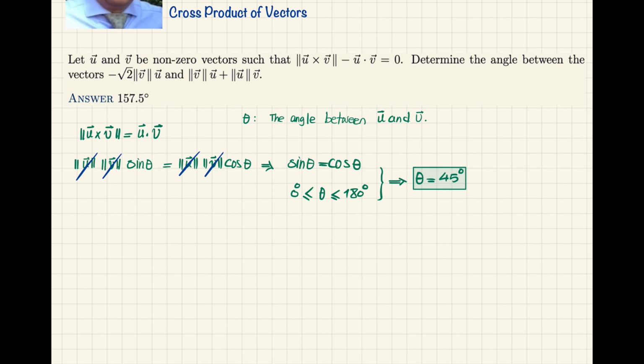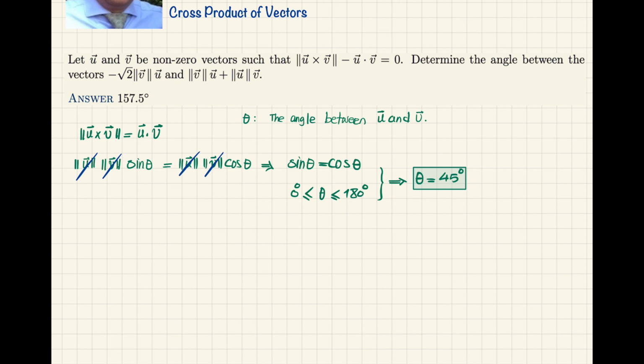Okay, but now let us have an understanding about these vectors. If you see here, I don't know the exact value of the norm of v, but I know that it's a positive number. When I multiply it by minus the square root of 2, this becomes a negative number, and I am multiplying a negative number by vector u.